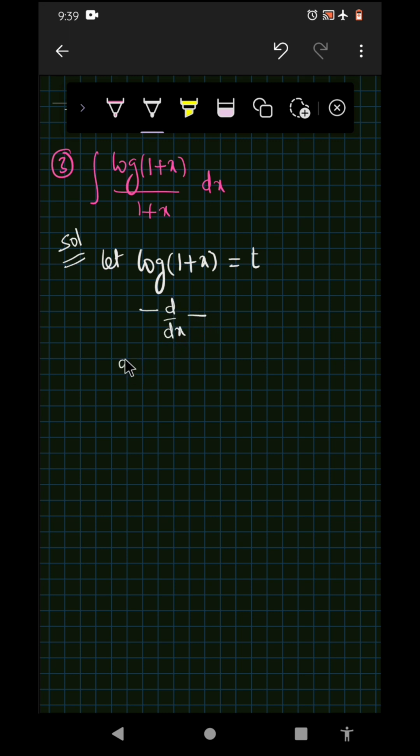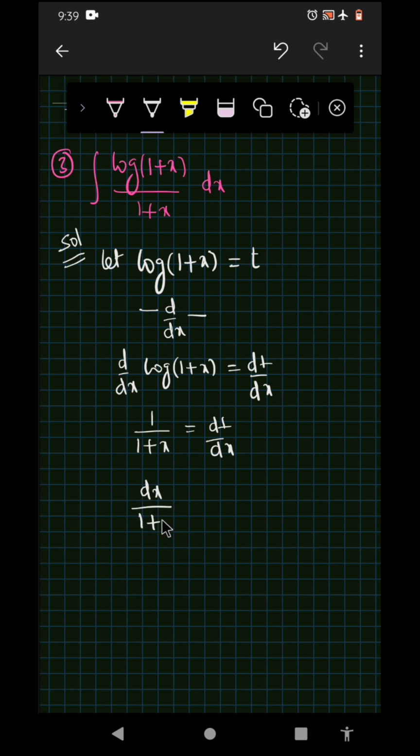We get d by dx of log of 1 plus x is equal to dt by dx. d by dx of log of 1 plus x becomes 1 by 1 plus x, and d by dx of 1 plus x is 1 only, equal to dt by dx. Now taking dx to this side, it becomes dx by 1 plus x is equal to dt.